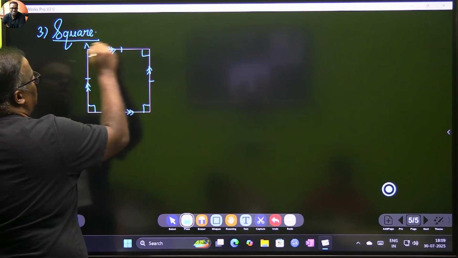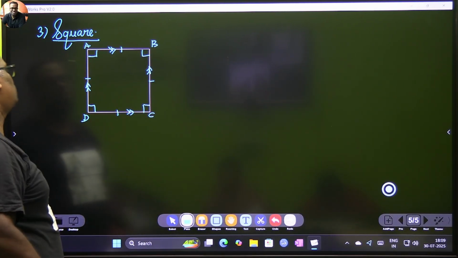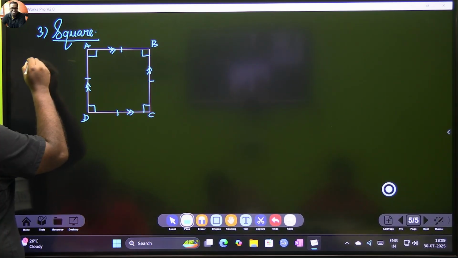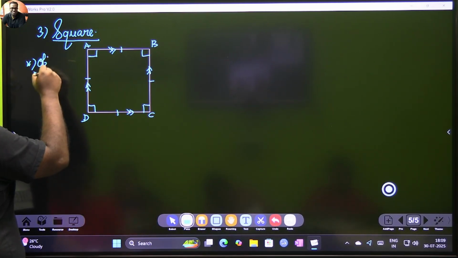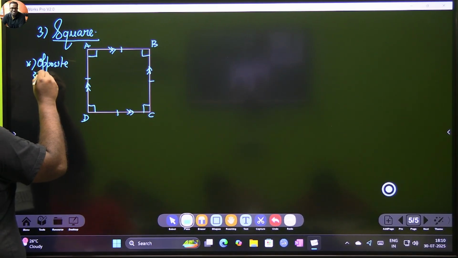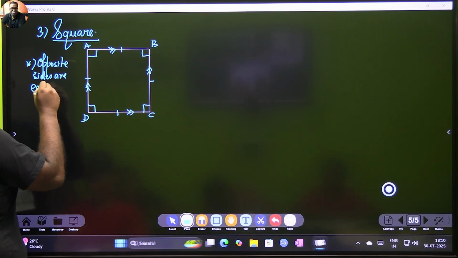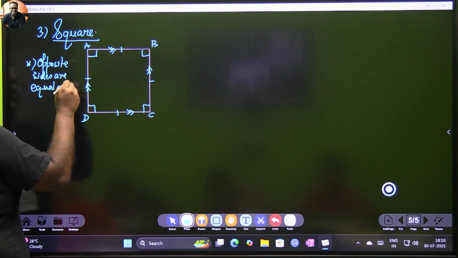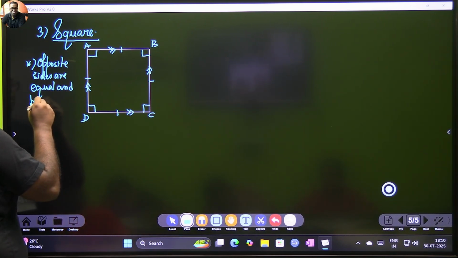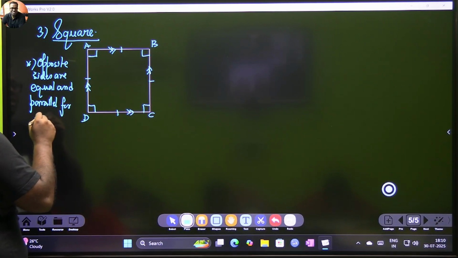This is A, B, C, D. So in a square, I will have number 1: opposite sides are, yes, this is the necessary criteria, equal and parallel for every side.